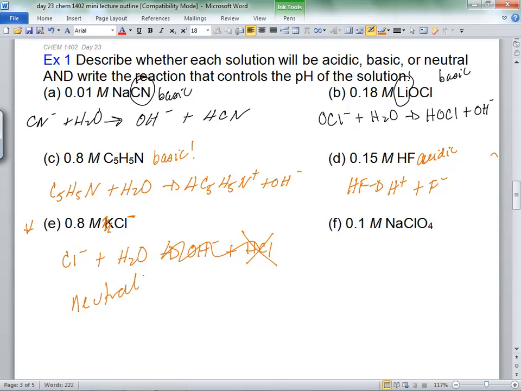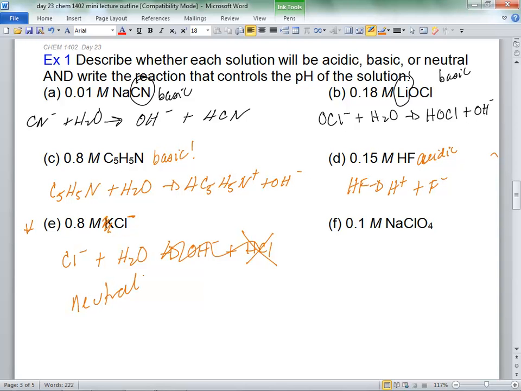So really, the answer is going to be neutral always when the anion is the conjugate base of a strong acid. Conjugate bases of strong acids always end up being neutral.